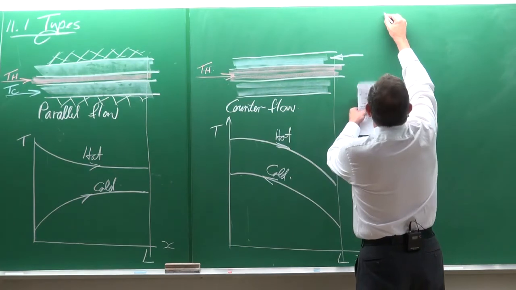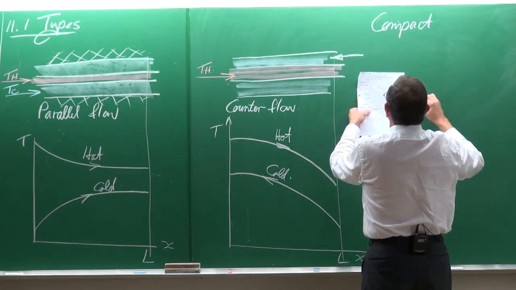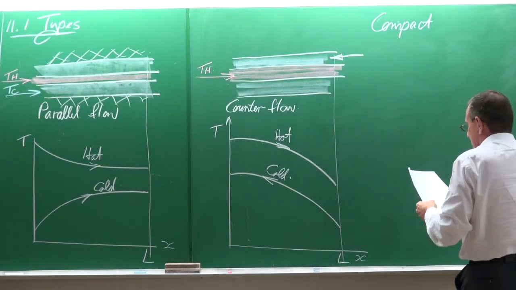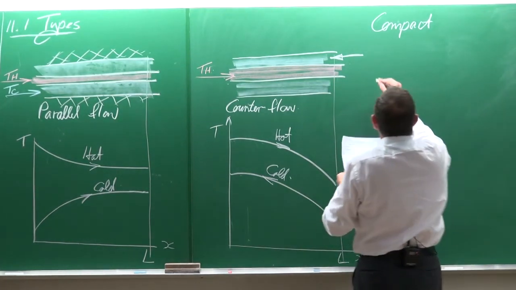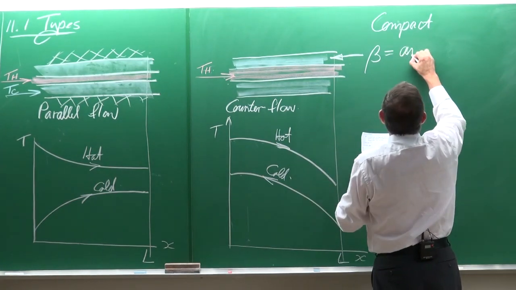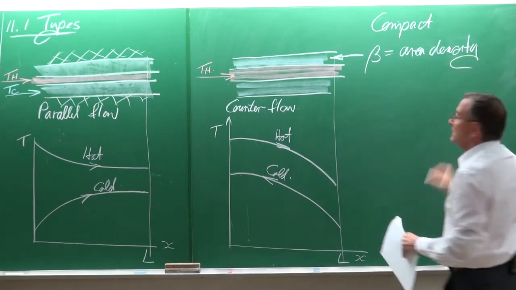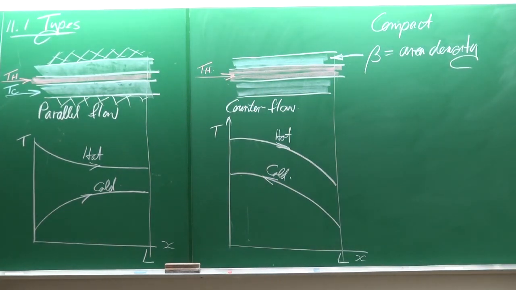Now, heat exchangers are also defined in terms of a so-called compactness factor, which is called beta, which is the area density. Not all heat exchangers use this definition.